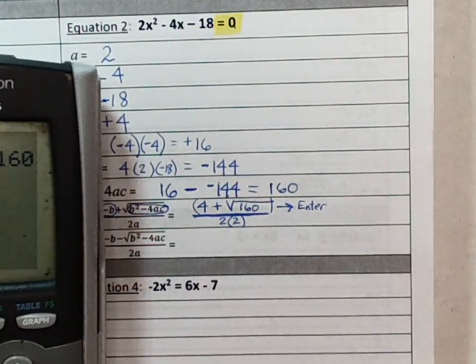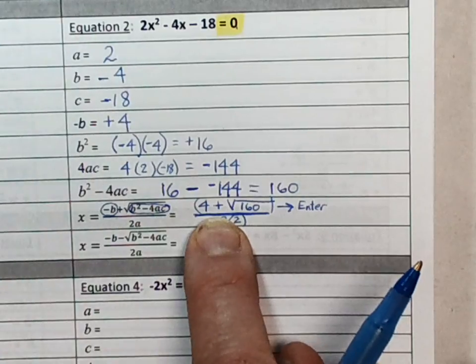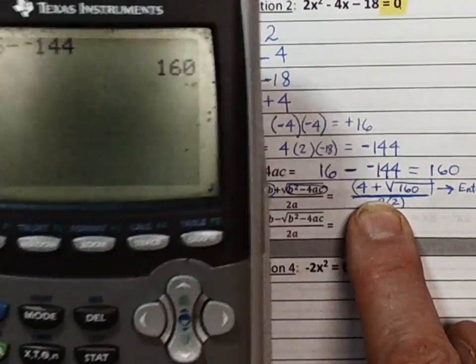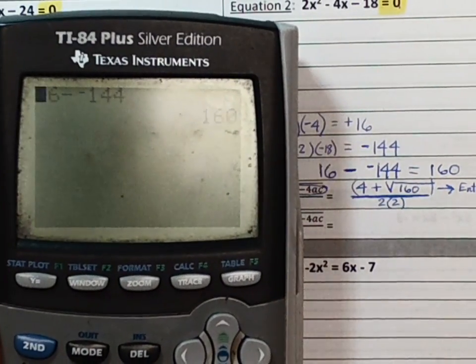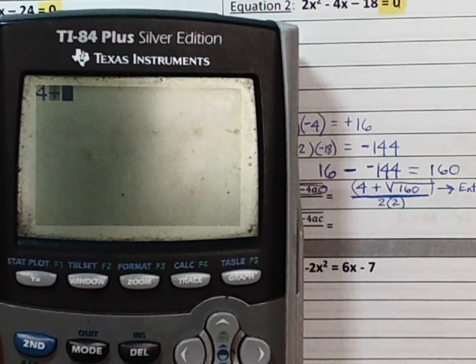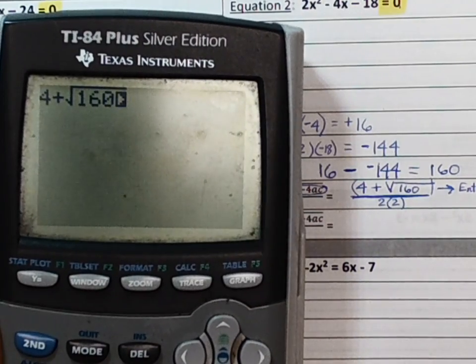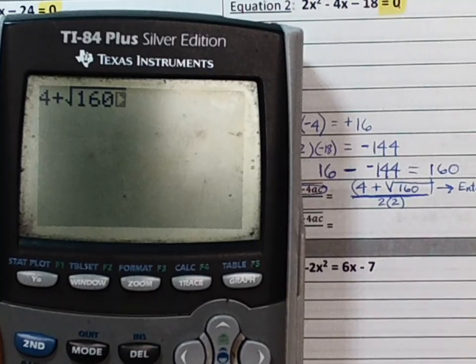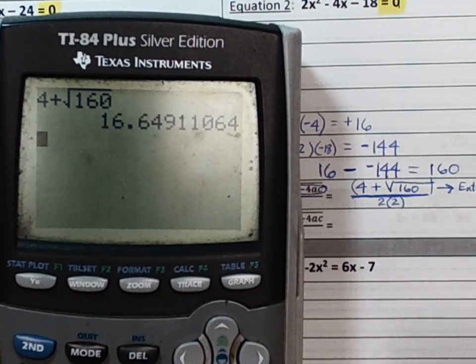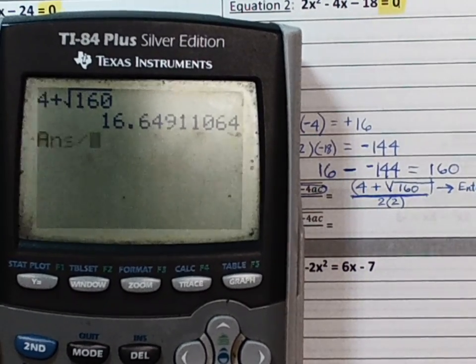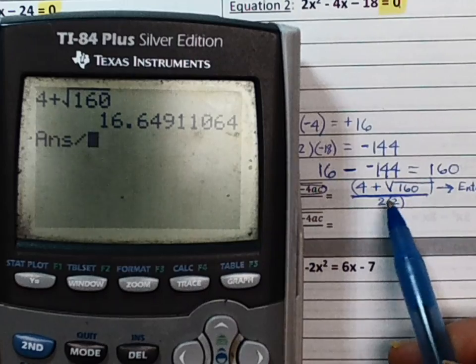So here we go. Typing this in, just like I see it. I'm going to try to get in the camera. You ready? Here we go. 4 plus the square root of 160. Enter. And now divided by, because that's a fraction bar, 2 times 2.